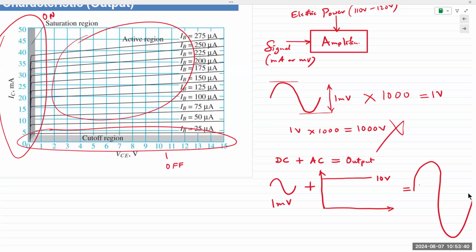That's where it's coming from. When we say it's amplifying, the energy is not coming out of thin air. The amplification comes from the external energy sources that we connect to our transistors.